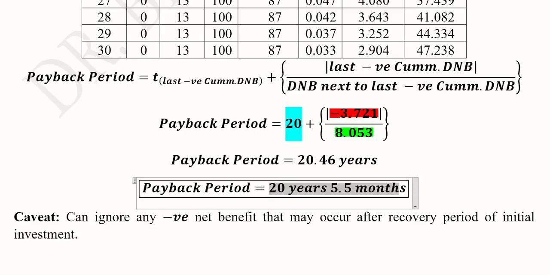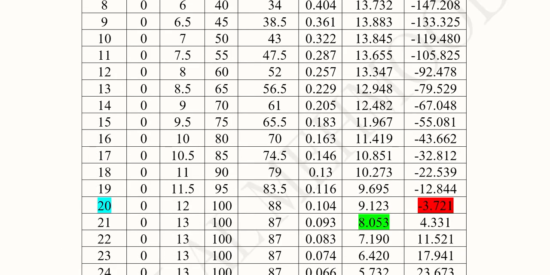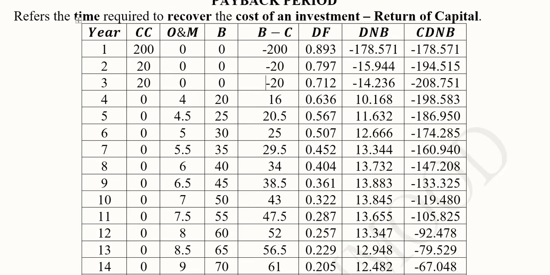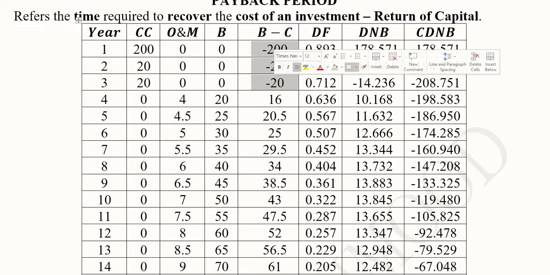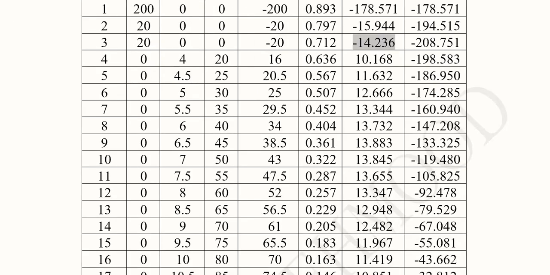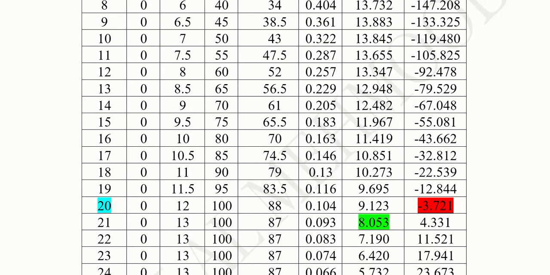There is a small caveat in this: a negative value can become a problem if it occurs afterwards. By afterwards I mean that if it occurs after the usual negative net benefits. Here you can see the negative net benefits occurring for the first 3 years, but afterwards there are no negative values.